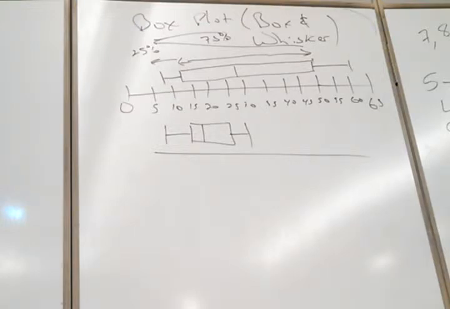Let's go back to the calculator. Go up here and clear this list out. Right? And then you can never have too much data entry in a class. Enter this data.